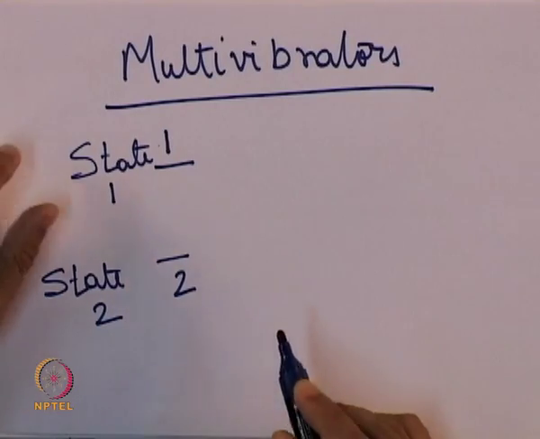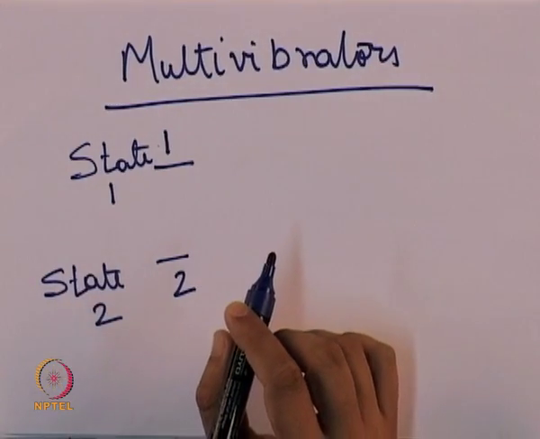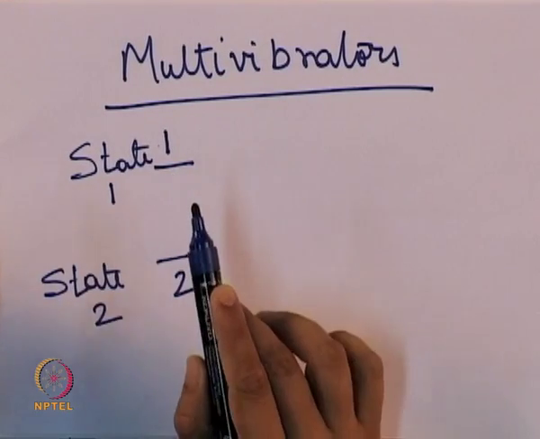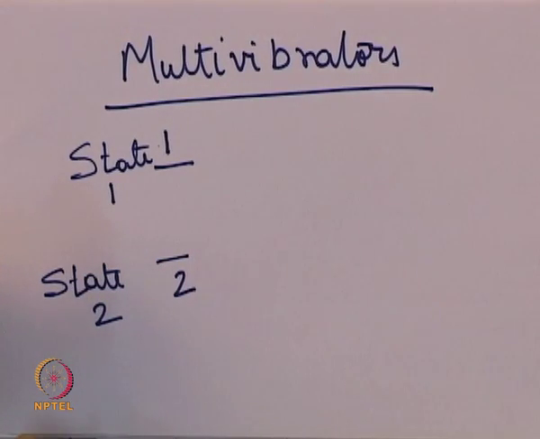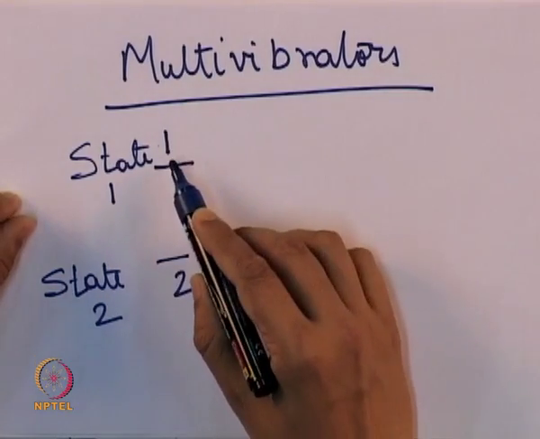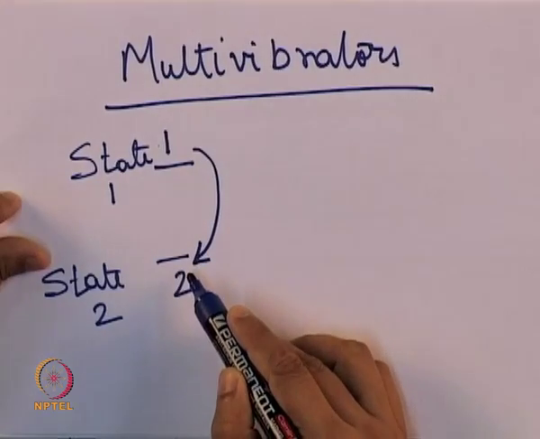The important thing is, suppose each of these states are stable in their own right. That means, if the circuit is in state 1, then it continues to be in state 1 until I actually change something physically, manually in the circuit. So then it will transition, or I force the transition from state 1 to state 2.